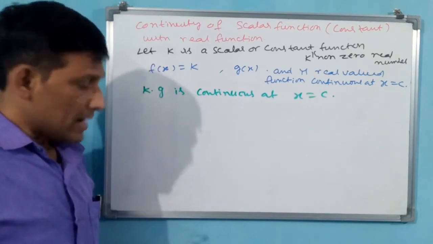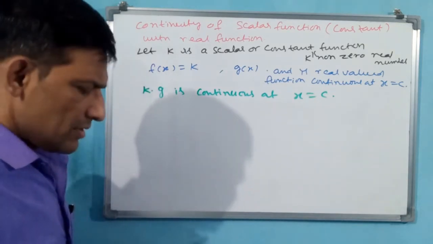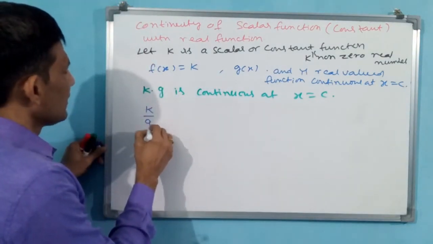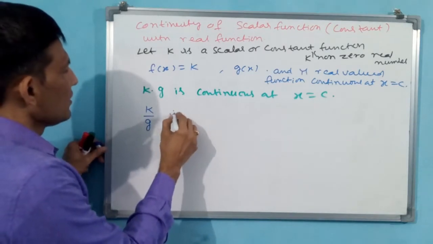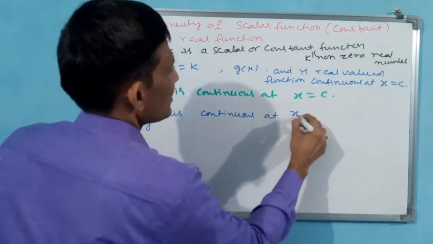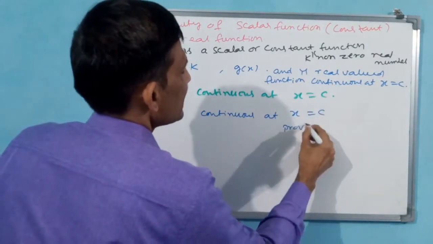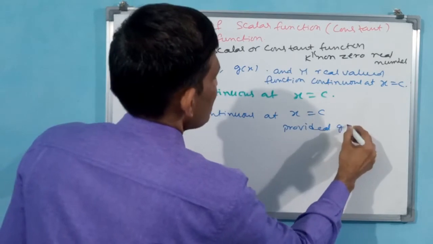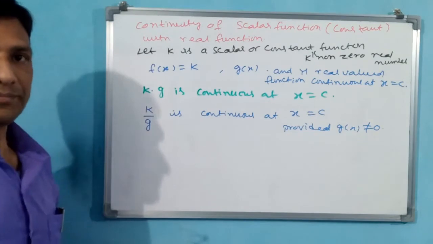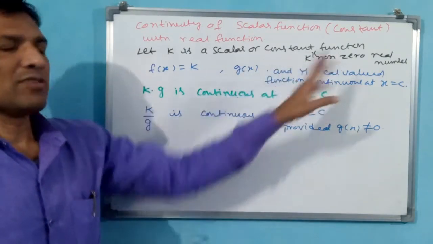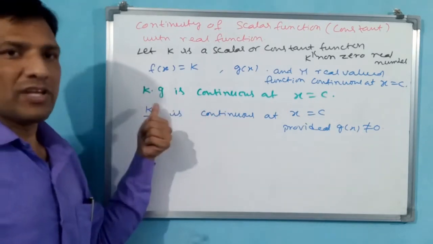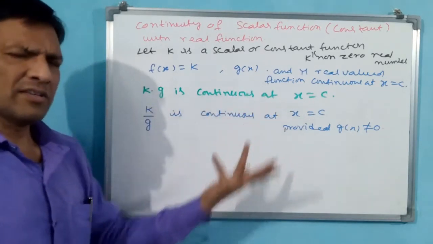Now another one, k by g. K by g is also continuous at x is equal to c, provided g of x is not equal to 0. See, here also k is not 0, that we have mentioned already. K is 0 means there is no use. G is 0 also, there is no use. That means g is not 0.